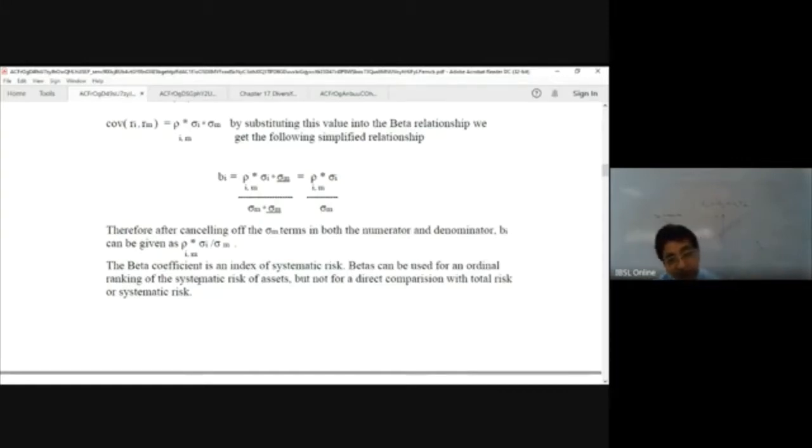So for example, say if you have 3 assets and you have betas, the highest beta will signify the highest systematic risk.